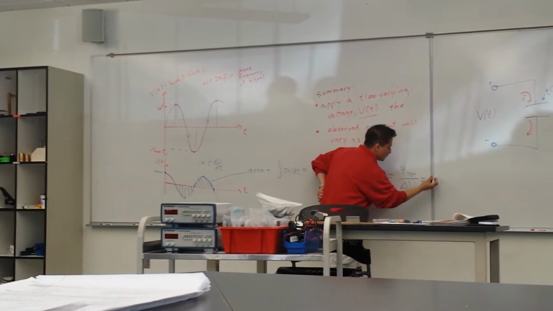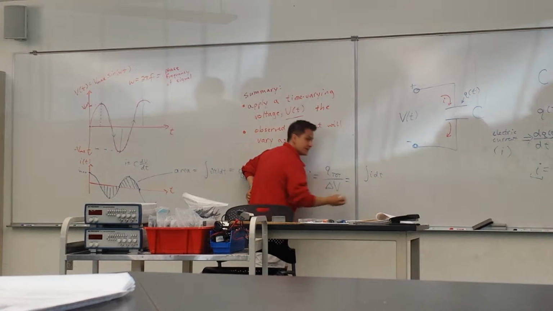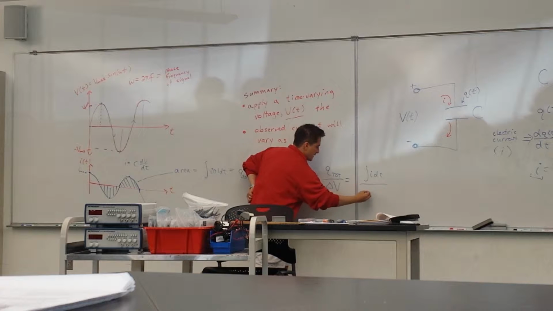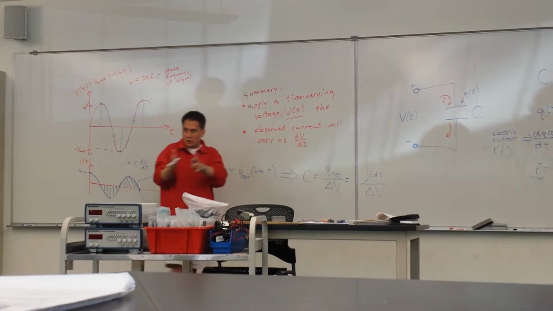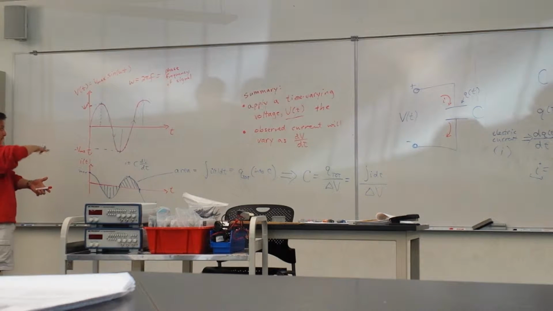Ultimately, it will be calculated by looking at the I dt relationship divided by the voltage change during these corresponding upward and downward voltage flows. The cool thing is to actually be able to see it.